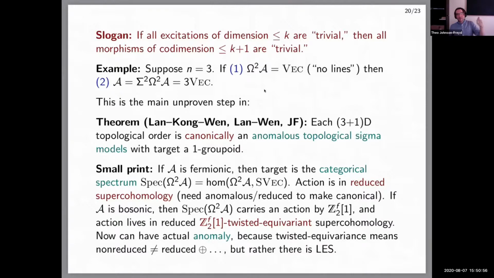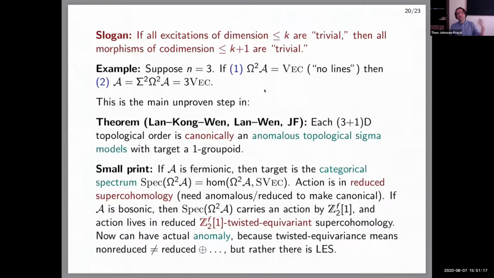For bosonic theories, there's a little bit more information, and the mathematically clean way to say this is in terms of descent data for fermion parity flip. Then you have to invent twisted equivariant reduced supercohomology.